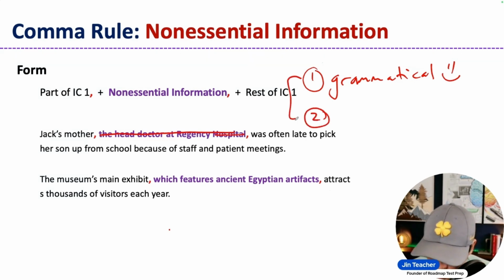So these are going to be two things that you should know about non-essential information, right? The first one is, if you remove the non-essential information from the sentence and you read it, the sentence is still grammatically correct, right?